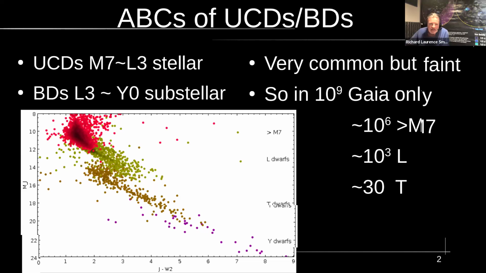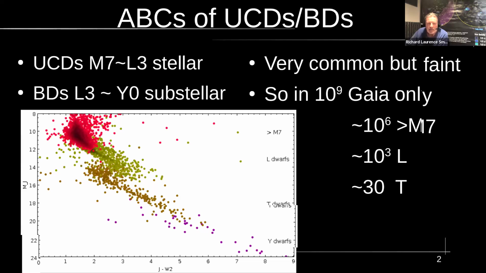In this diagram, you see around L3 where the subdwarfs are, and there's a change in color, and this is due to absorption by water bands that move the energy outside of the J band into other bands.